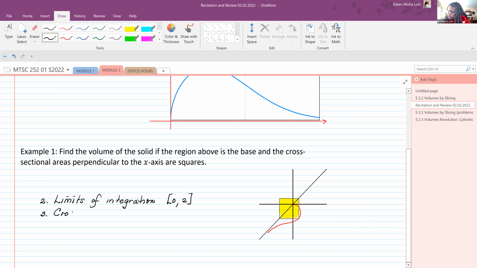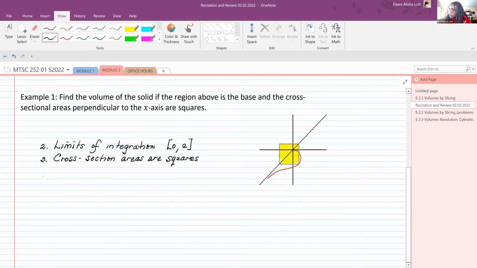My cross-sectional areas are squares. So I need to find the area of the squares. Well, let's just say the area is L squared, where L is the length of one side.